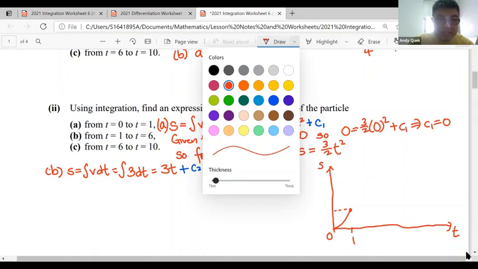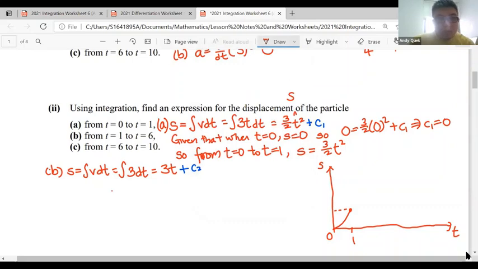You should be getting this. I call this new arbitrary constant C2. What information should I be using to apply to this?